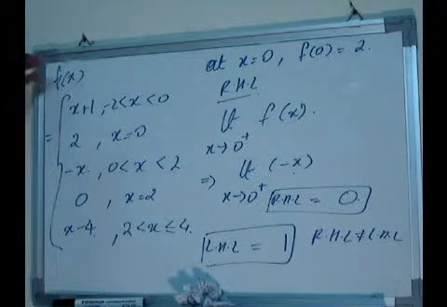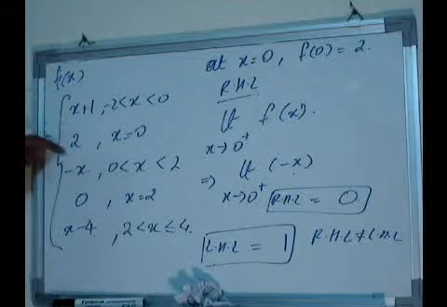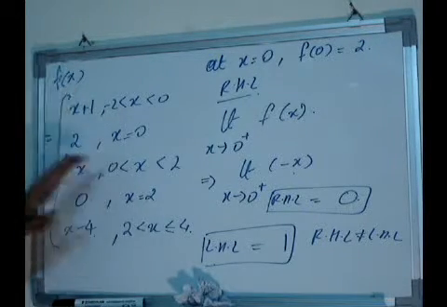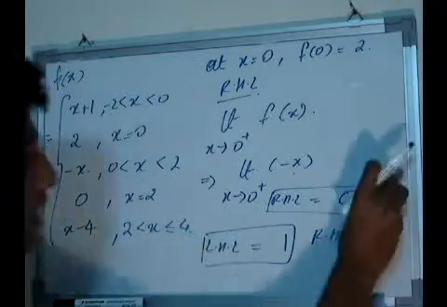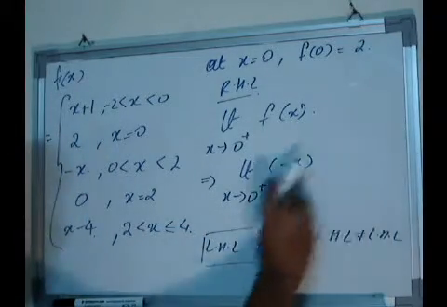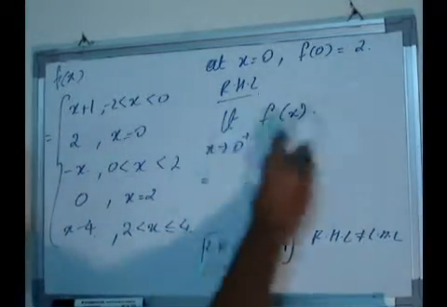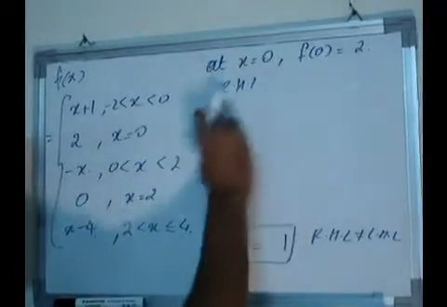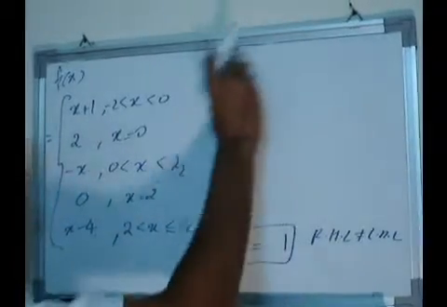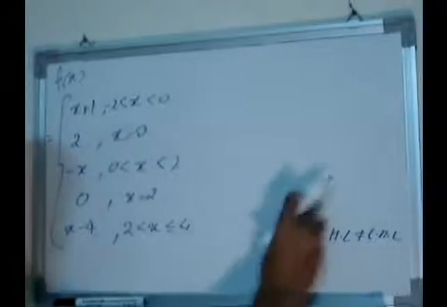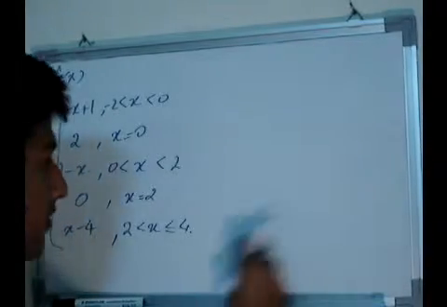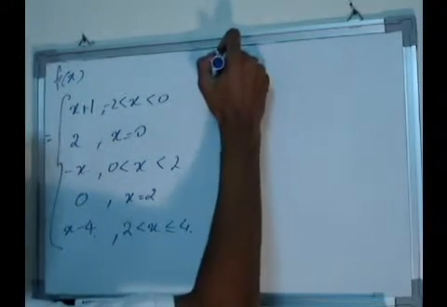So there's a sudden jump in the value towards 2 when I approach from the left and the right hand side, and hence when the limit does not exist at a point, I can name that type of discontinuity as jump discontinuity. And the limit does not exist.